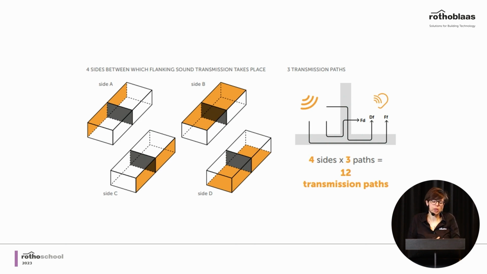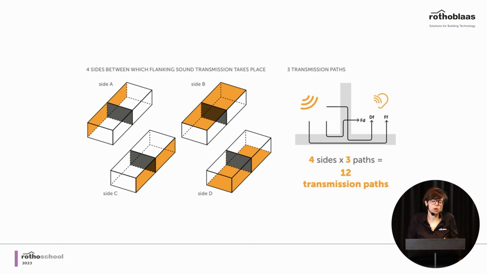And considering that we have at least 4 sides, like in the pictures, at the end we have 12 paths of indirect transmission. And all this phenomenon is called flanking transmission.